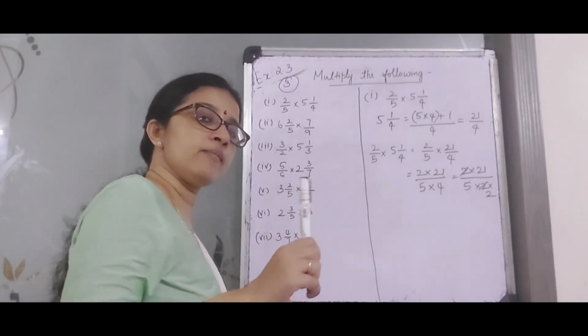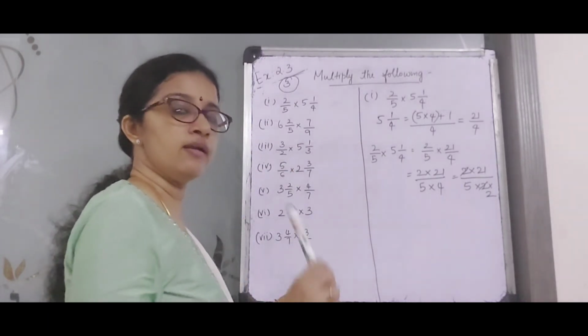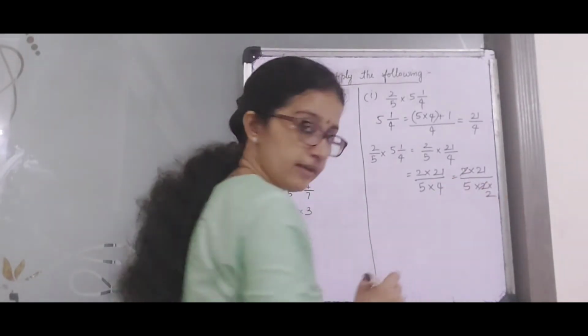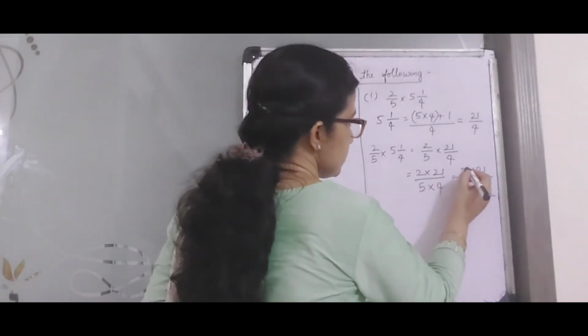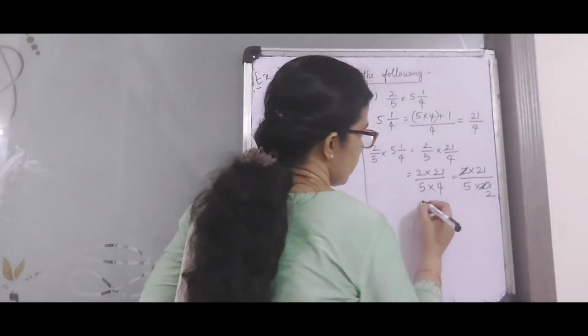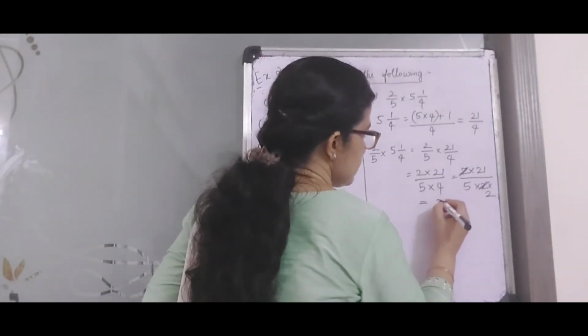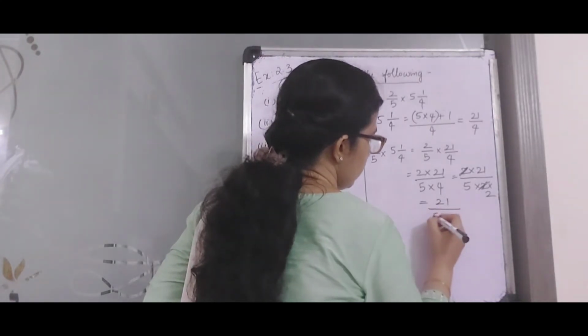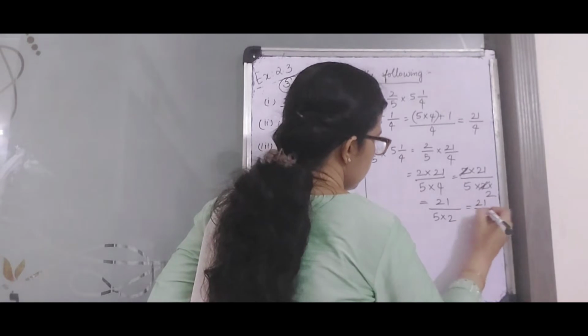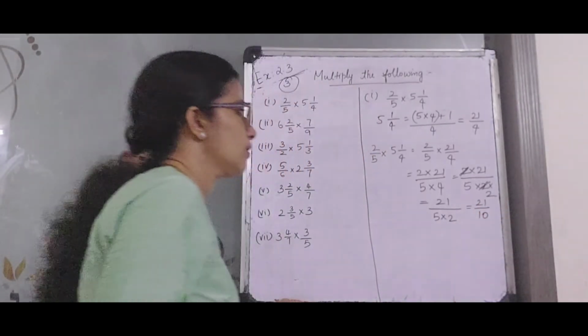If a number is there in both numerator and denominator, it can be cancelled. Okay? Because 2 by 2 is 1, right? So it can be cancelled. So this 2 and this 2 gets cancelled. And the answer is 21 by 5 into 2, which is equivalent to 21 by 10.